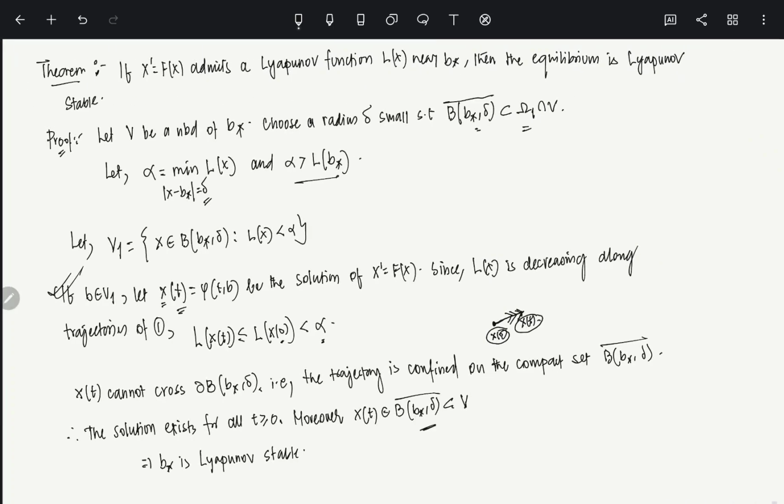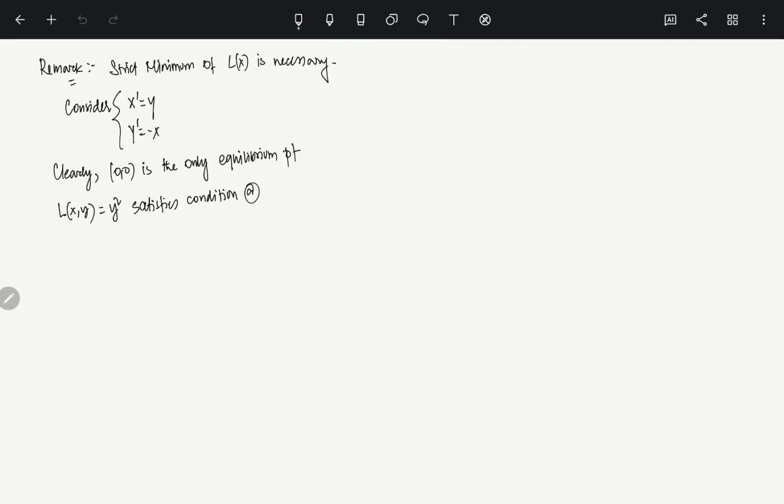And L has a minimum at 0. But you can check that the equilibrium is unstable.